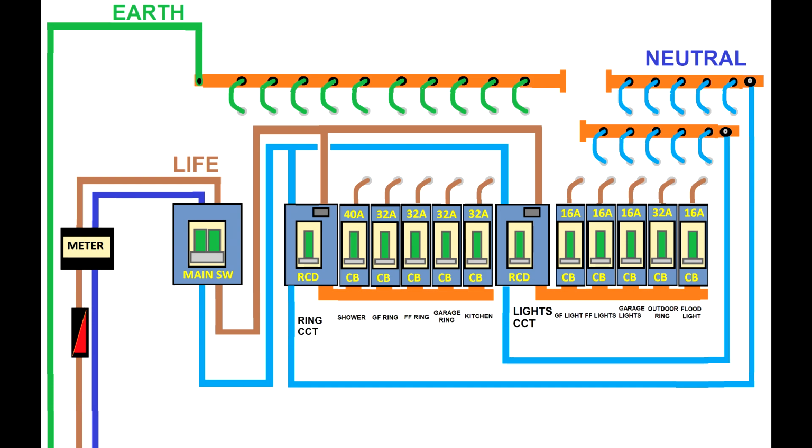So I built a circuit, I fitted two residual current devices, and then obviously I put in the circuit breakers. I allocated each circuit breaker according to the circuit requirements, so the electrical wire inside the walls will be protected against fire in case they are overloaded.